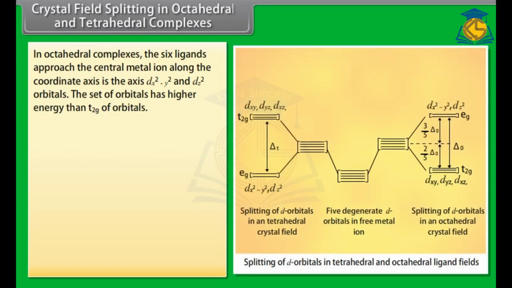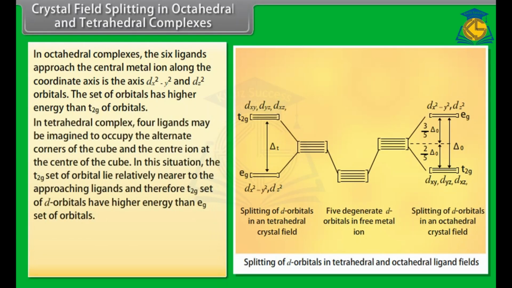In octahedral complexes, the 6 ligands approach the central metal ion along the coordinate axes, that is, along the axes of the dx2-y2 and dz2 orbitals. This set of orbitals has higher energy than the t2g orbitals. In tetrahedral complexes, 4 ligands may be imagined to occupy the alternate corners of a cube and the central metal ion at the center of the cube.